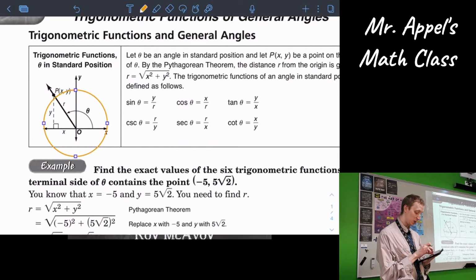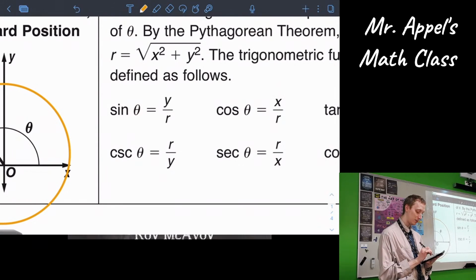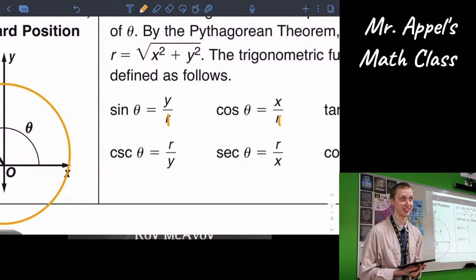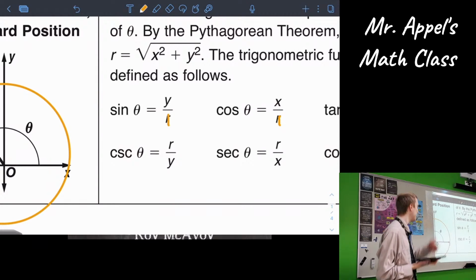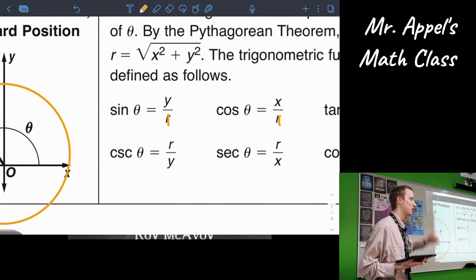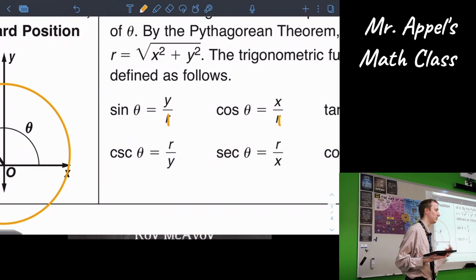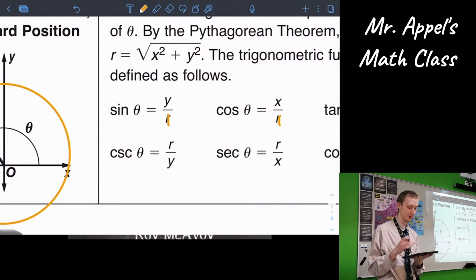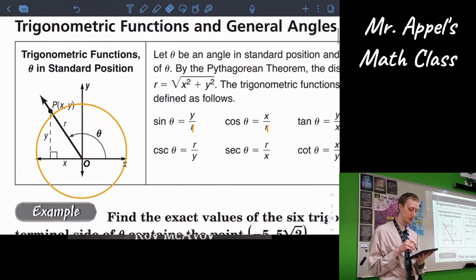Because imagine, if r is 1, look at this. Sine is y divided by 1. Cosine is x divided by 1, right? That simplifies things immensely, doesn't it? And then, sine always gives you the height. Cosine always gives you the horizontal distance. All by itself, because we made the denominator 1. See how useful that can be? I think I would just set the radius to 1. Easy peasy, right? So that is what we're aiming for. That's going to be super convenient.